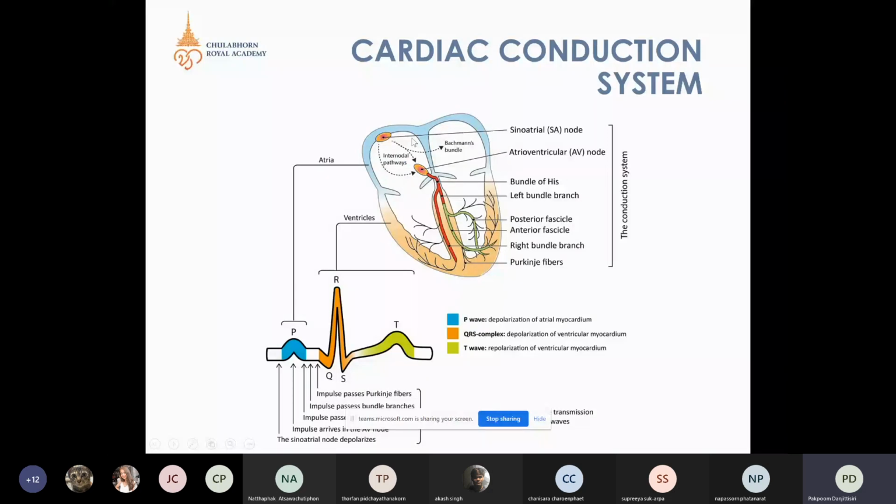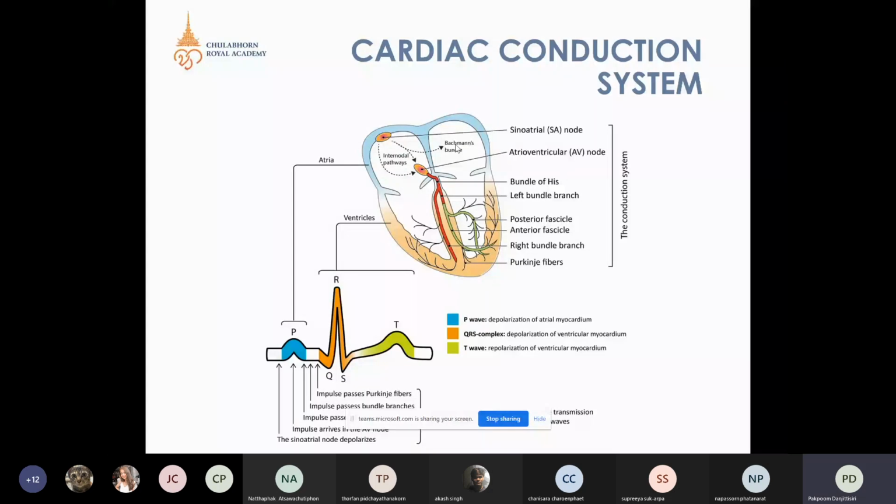The electrical impulse will go to the left atrium through Bachmann's bundle. The purpose of all these pathways is to let both atria depolarize simultaneously.